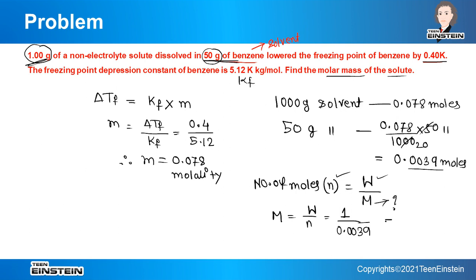So this will be equal to 256.4 gram. This is the molar mass or molecular weight of the solute.